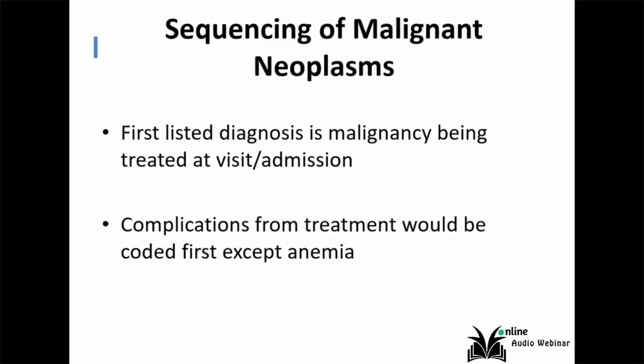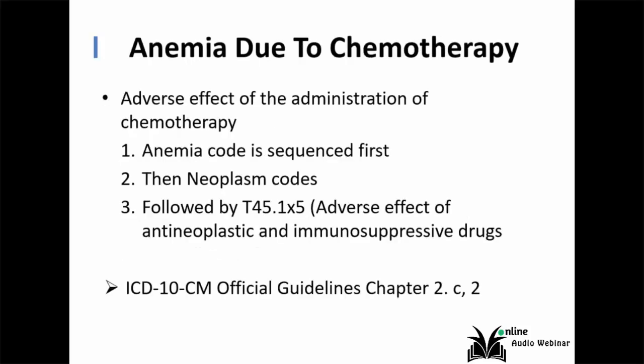All right, one last thing we want to take a look at is diagnosis coding when we're talking about malignant neoplasms and cancers. So when we look at anemia due to chemotherapy, we're going to code the anemia first and then the neoplasm code, followed by the poisoning code.